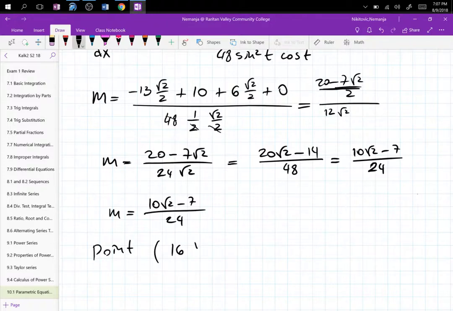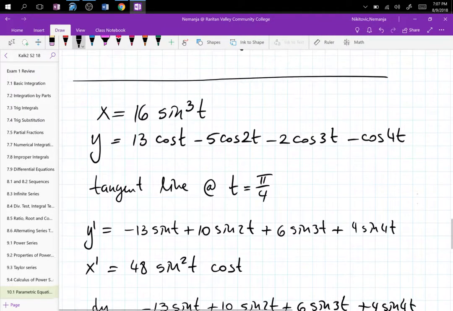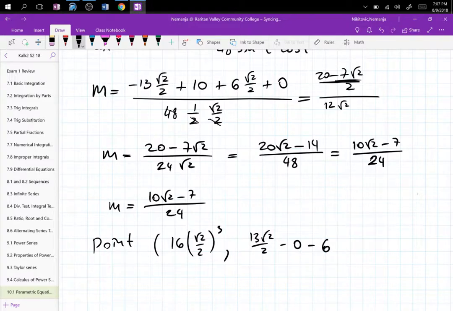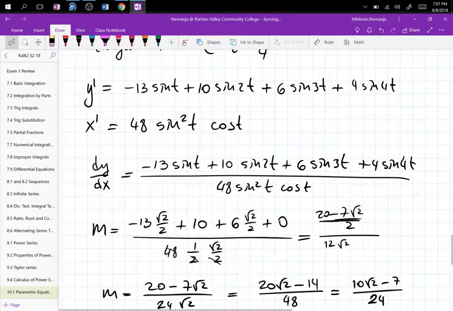Pi over 4, so that's root 2 over 2 cubed, comma, and now for y, 13 root 2 over 2, minus 5 cosine 2t, that's cosine of pi over 2, that's 0, minus 6 sine 3t, that's a negative, so minus 6, and then 4 sine 4t, that's sine of pi, so another 0.